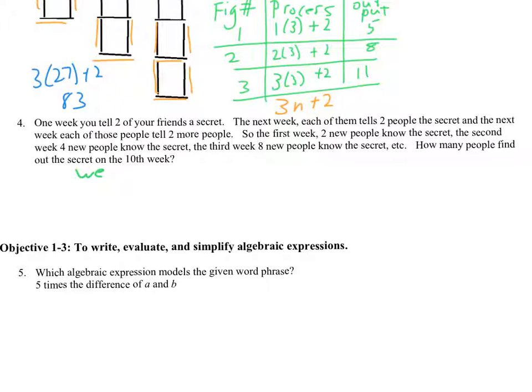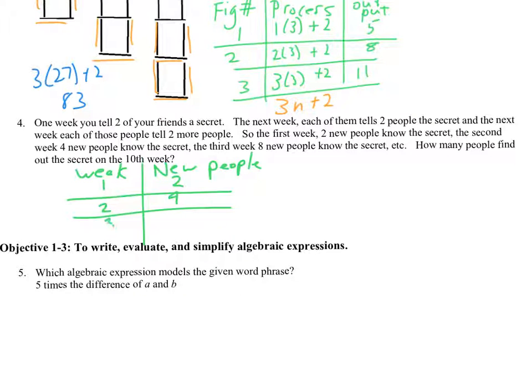So we have weeks and we have new people that know the secret. In the first week you tell 2 people. In the second week 4 new people know. In the third week 8 new people know, and so on. So the question: how many people find out the secret on the 10th week?